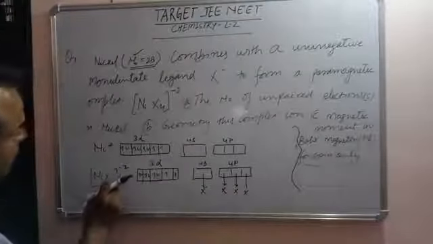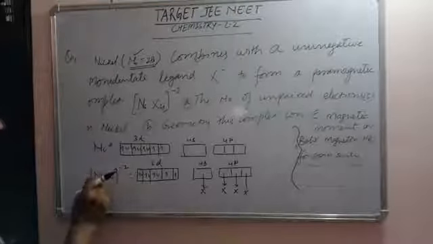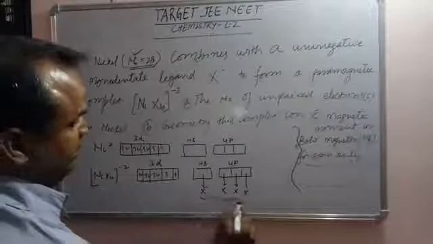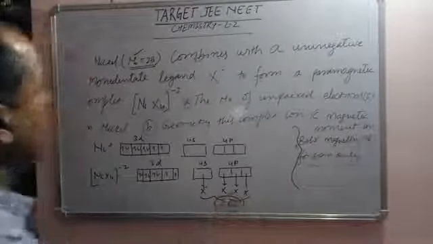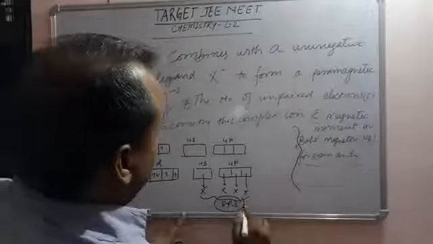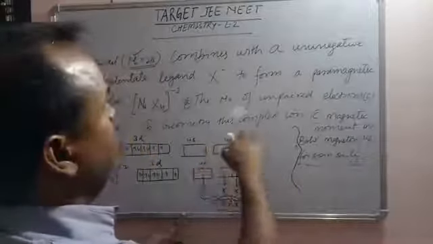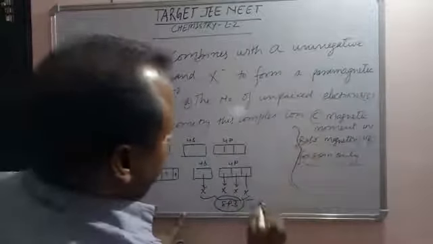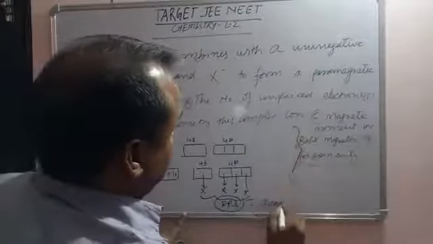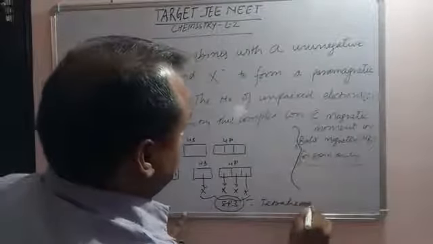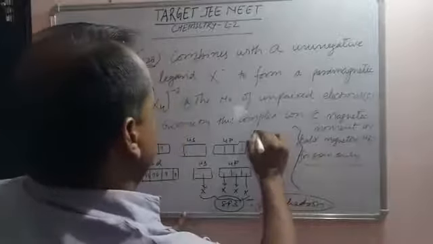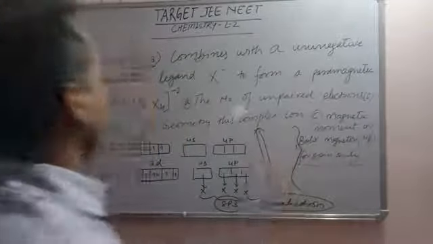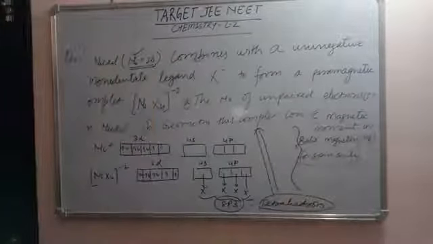So combination of X with the orbitals of nickel is only this, means sp3. So for sp3, the geometry of the complex would be tetrahedral. Second part is the answer of B, geometry would be tetrahedral.